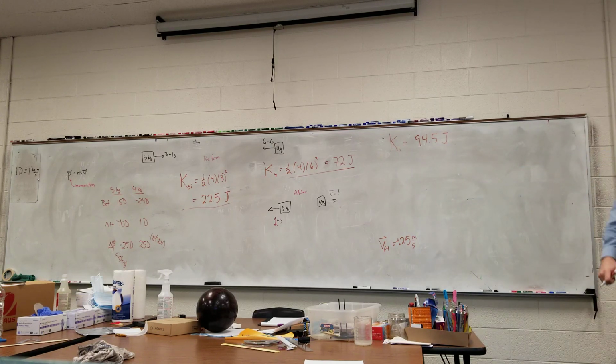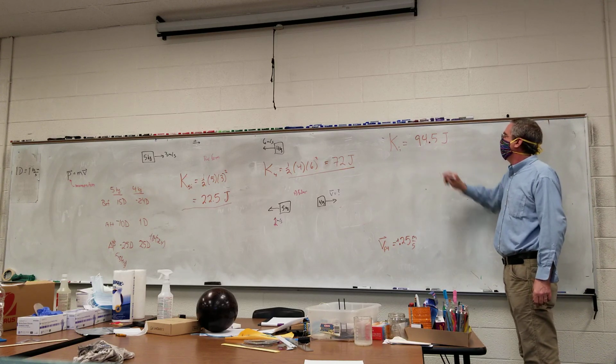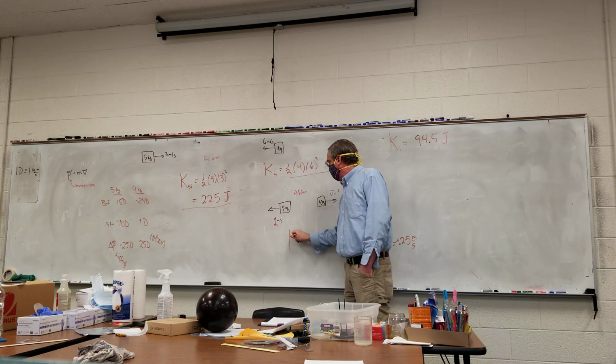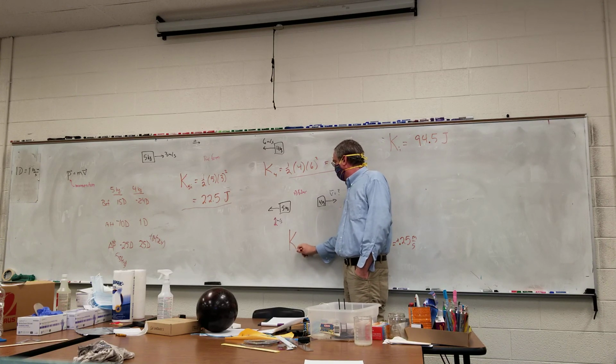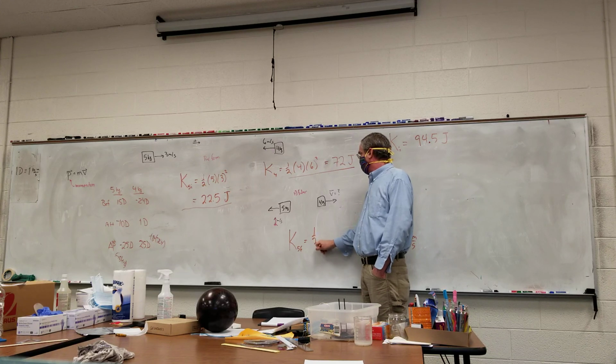So that's before the collision happens. I've got this amount of energy. Let's do it for afterwards. So the kinetic energy of the 5 kilogram mass afterwards, final, is 1/2 times the mass times the speed squared.